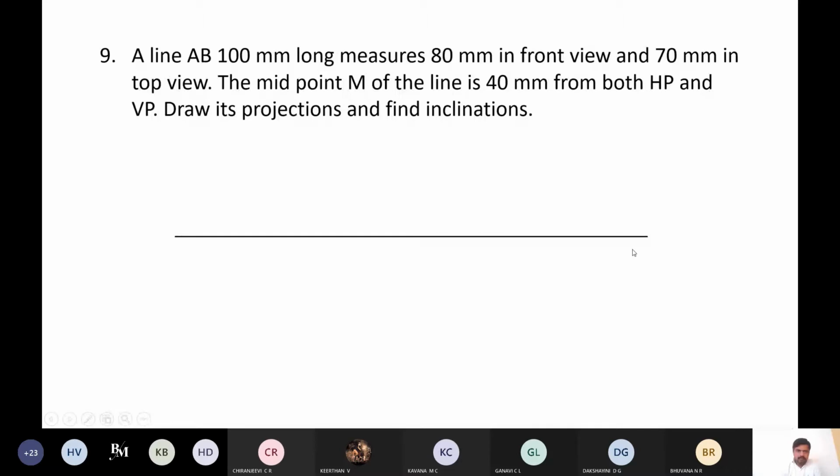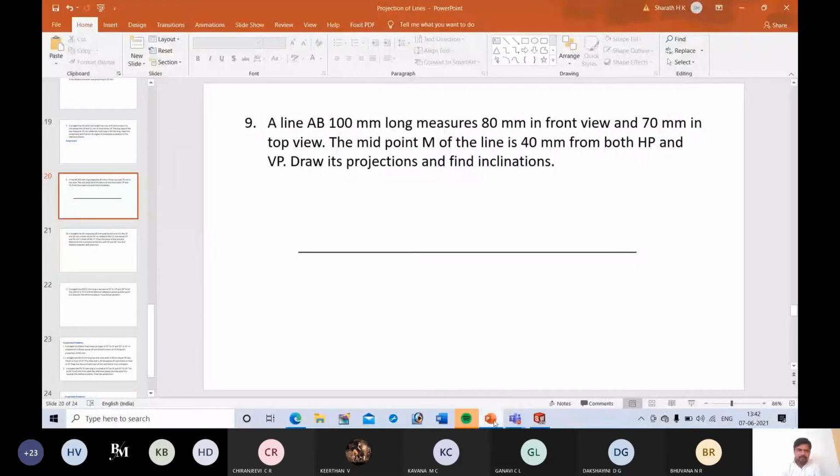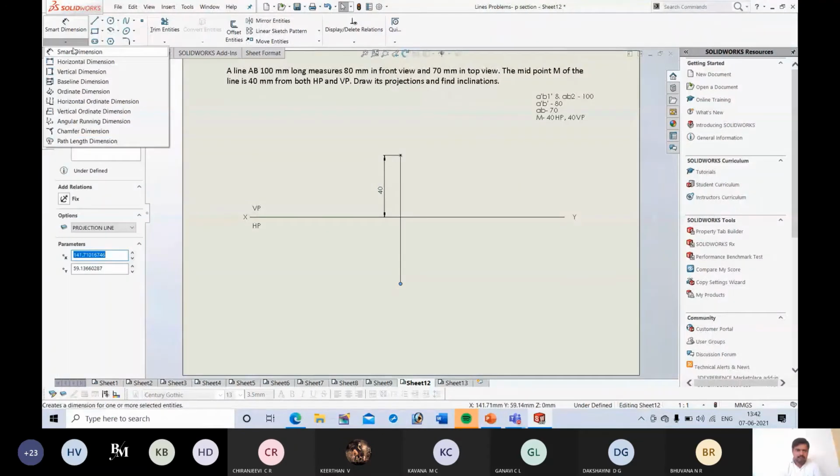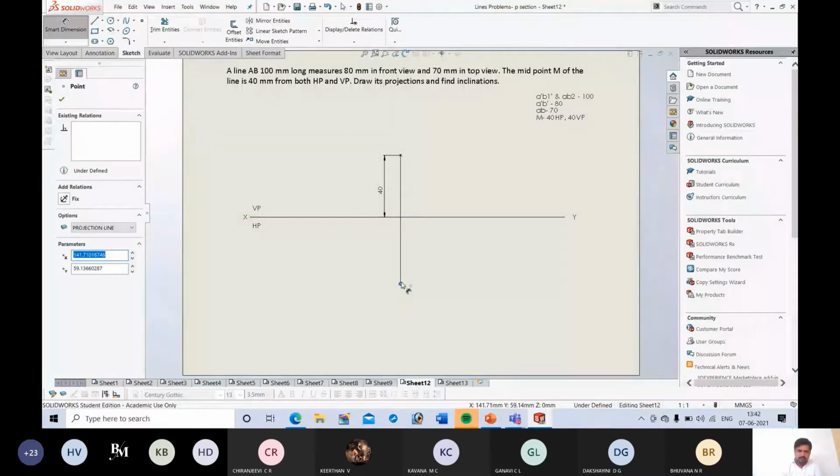So it is 40 mm above HP. This is the front view of the midpoint. Then on the same line, on the same projector, I should get the top view. So the top view is also 40.